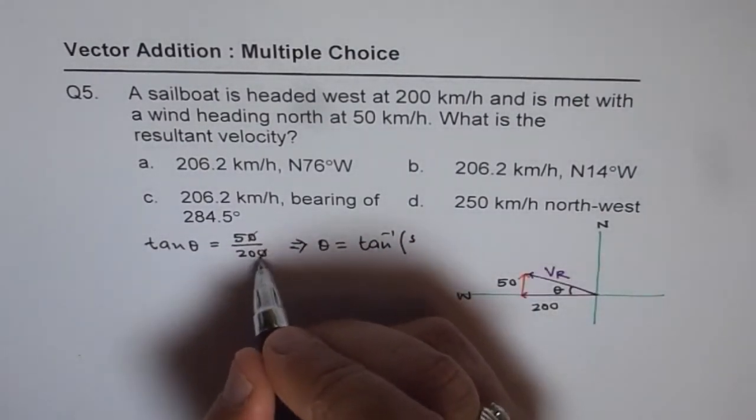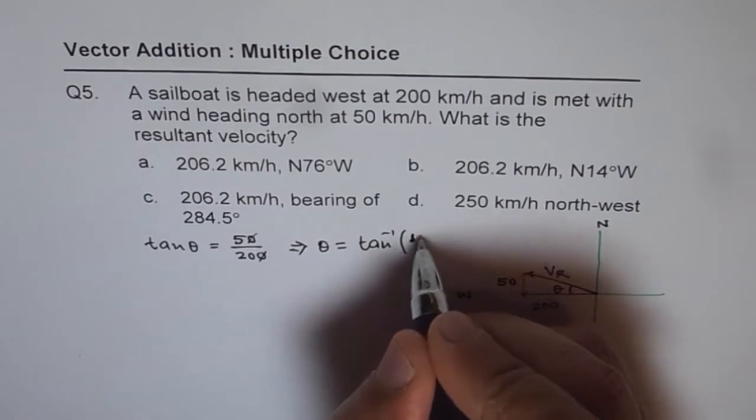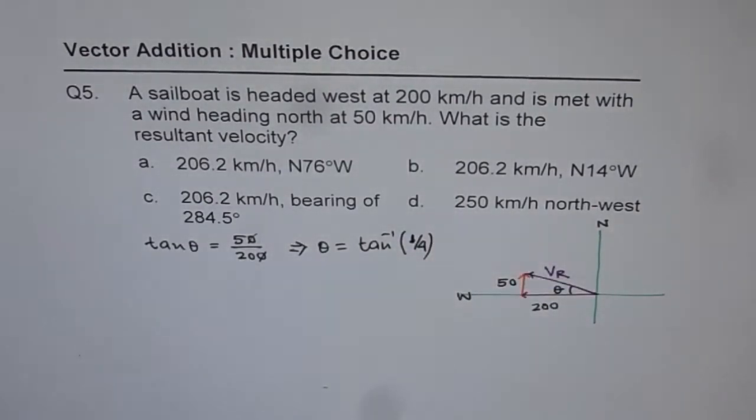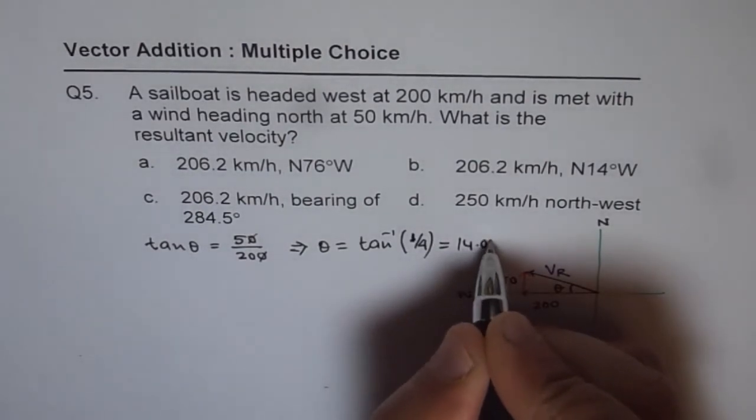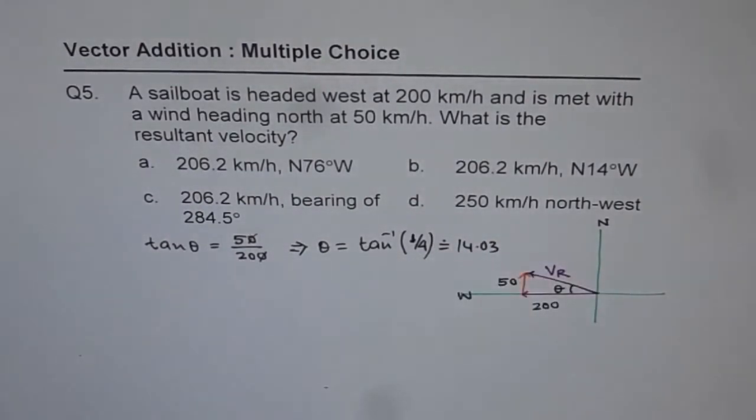So 0 and 0, and 5 goes 4 times. So we can write 1 over 4. Let's use the calculator. Second function, tan inverse of 1 divided by 4 is equals to 14.03. So approximately, let's write 14.03 for the time being. So this is the angle theta for us.